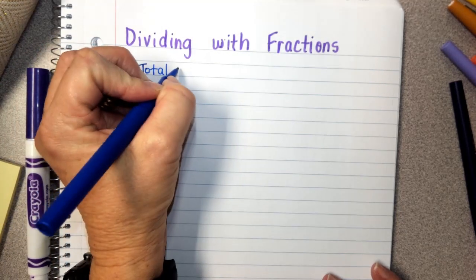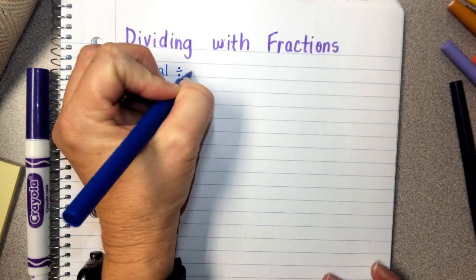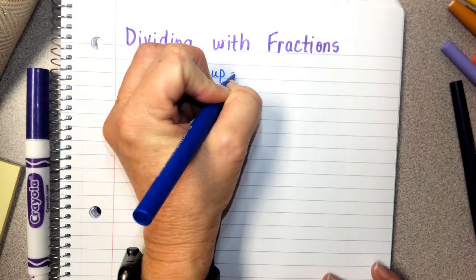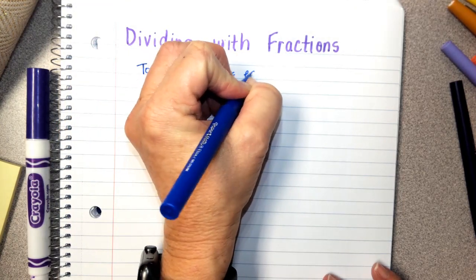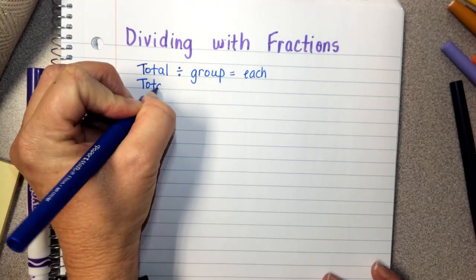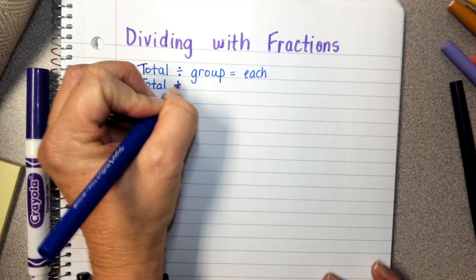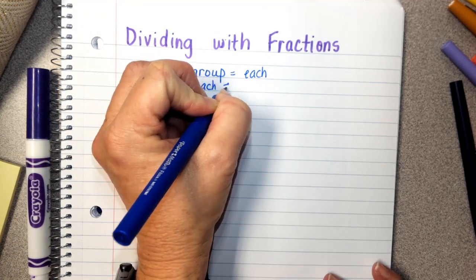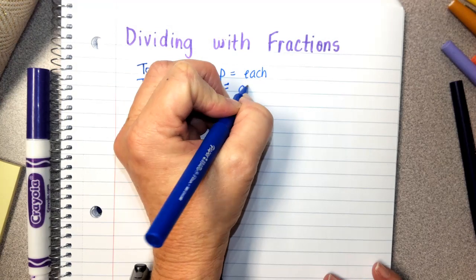So total divided by the group will give me the each, or total divided by each will give me the group.